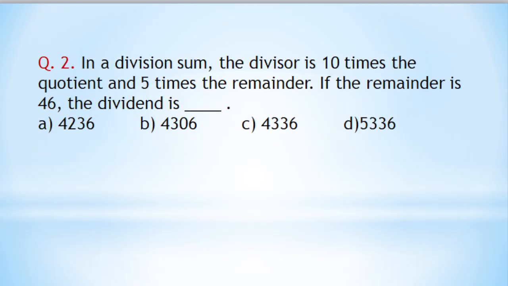Next question. In a division sum, the divisor is 10 times the quotient and 5 times the remainder. If the remainder is 46, then the dividend is? Now, in a division sum, the divisor is 10 times the quotient and 5 times the remainder. This is the divisor.